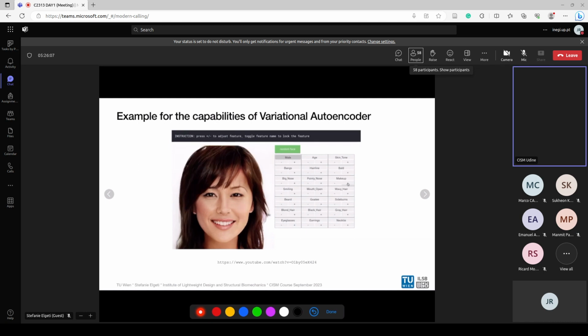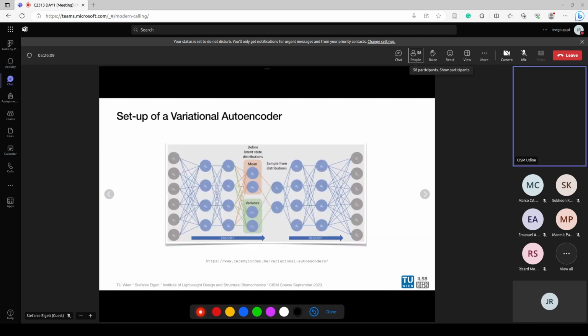So what is so different about the variational autoencoder in contrast to the autoencoder? In principle, the structure is very similar. We have the input nodes, we have an encoder part, we have a decoder part, we have these latent variables or this latent vector, but this is not a standard node in the network, but instead here we sample from distributions.